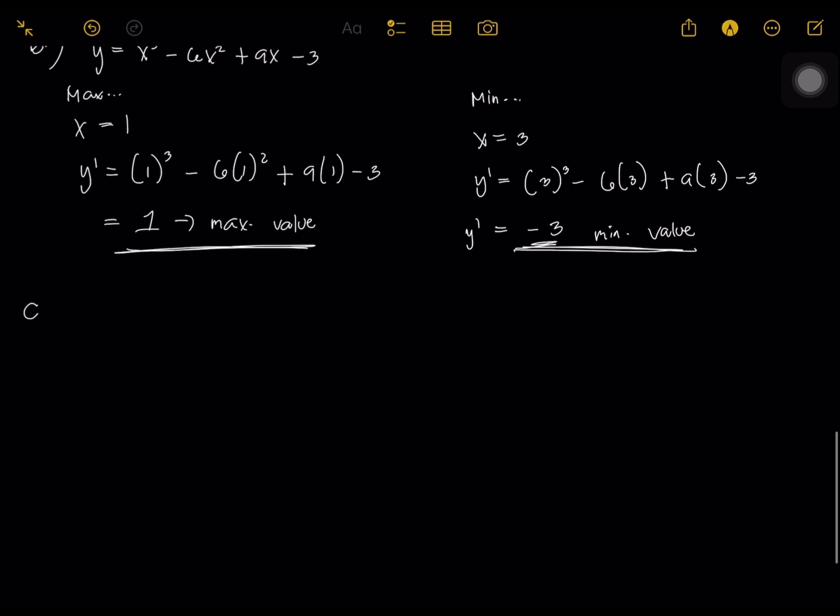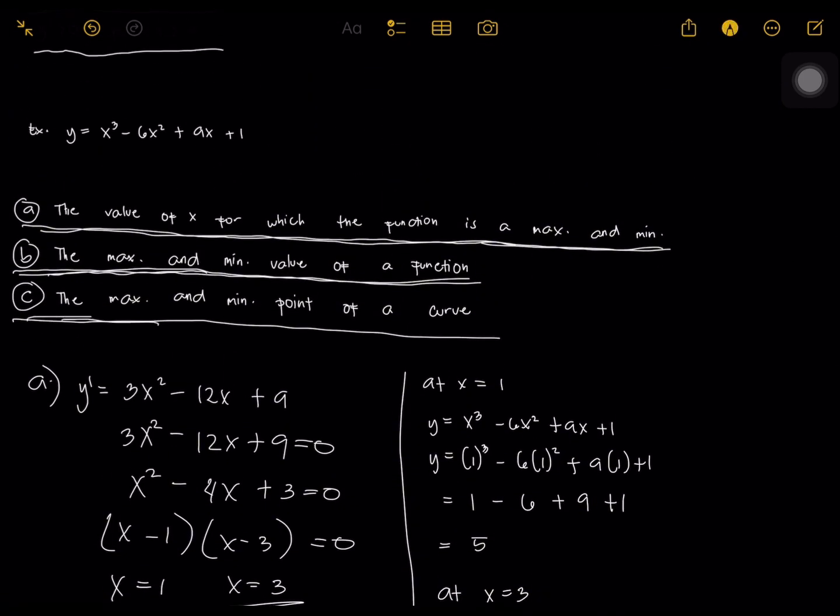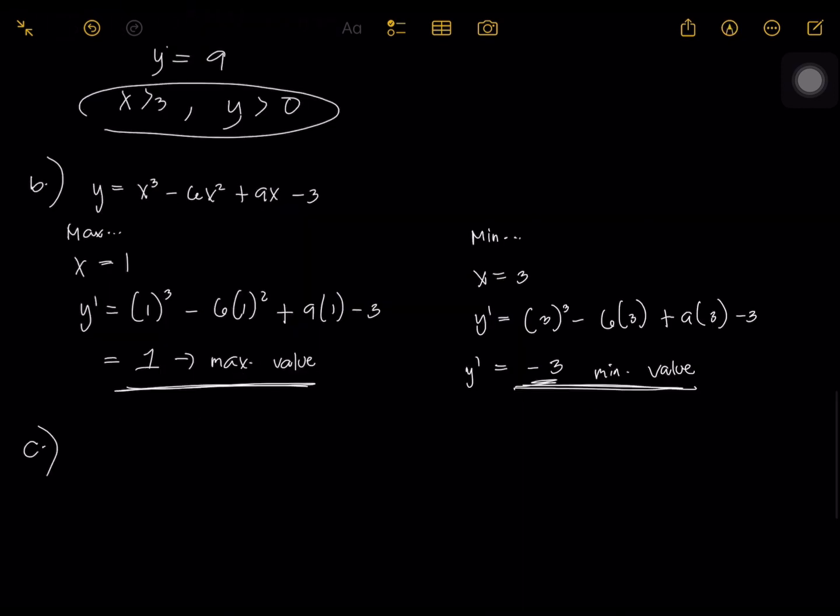Next, the last one, which is the maximum and minimum point of a curve. If we're going to identify the maximum and minimum points of the curve, the maximum point is x equals 1 and y equals 1.